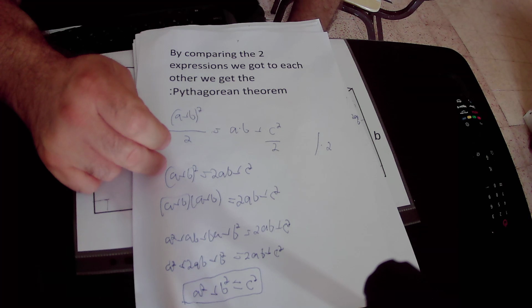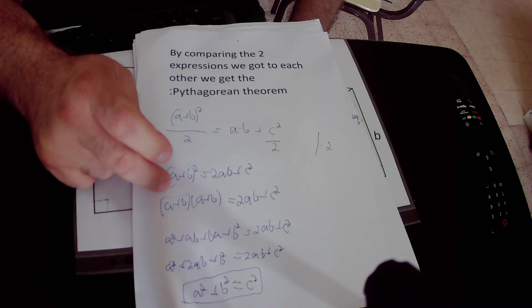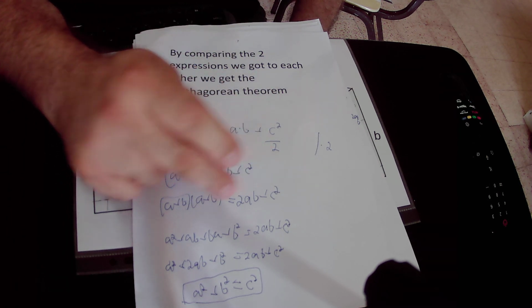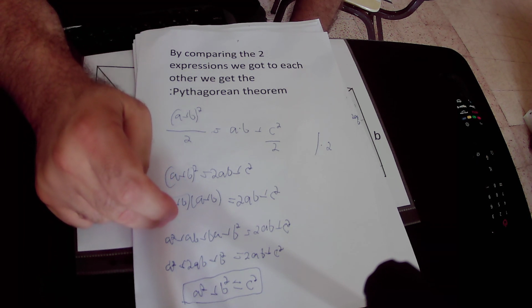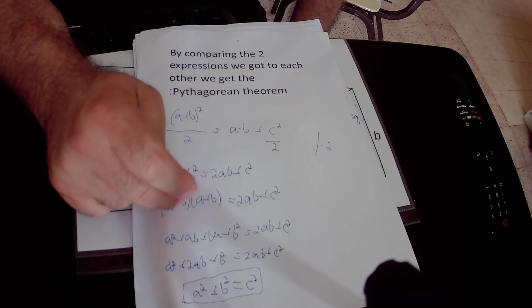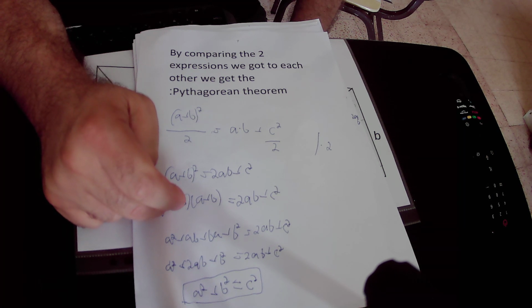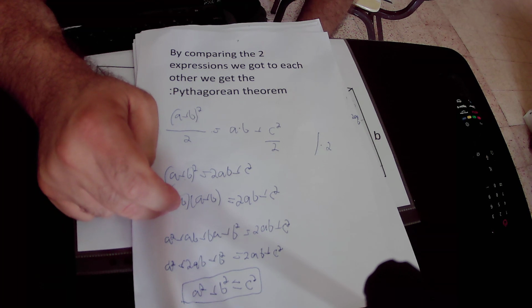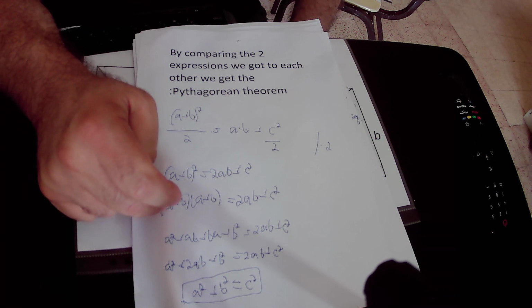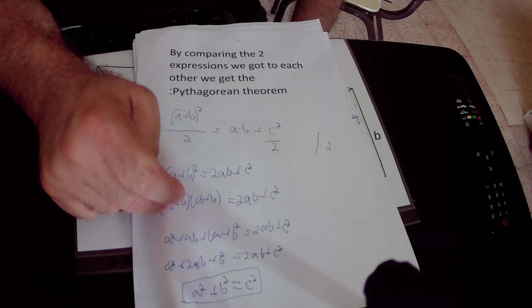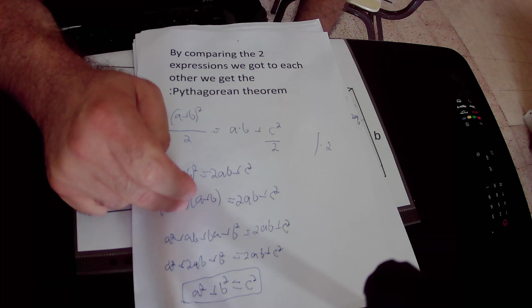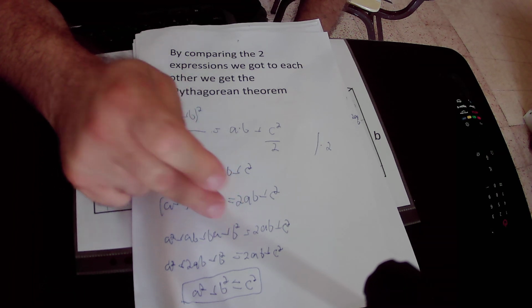Then A plus B squared is equal to A plus B times A plus B, equal to 2AB plus C squared, and we will open the brackets. A times A is A squared, plus AB plus BA plus B squared.